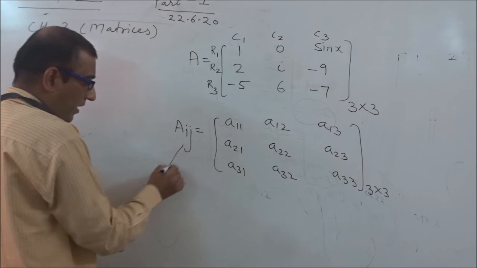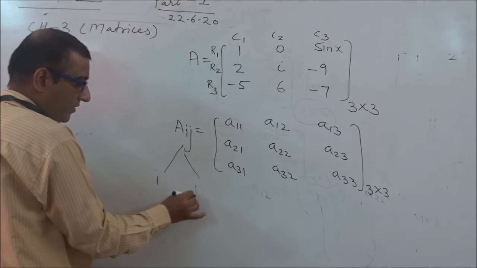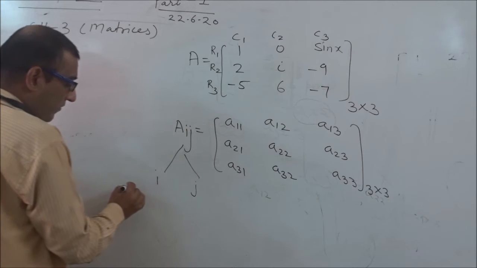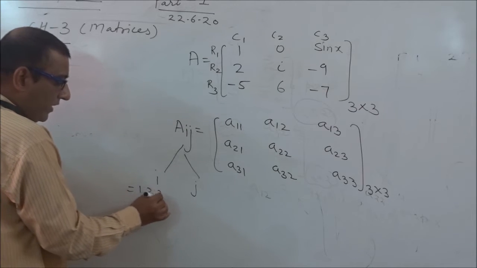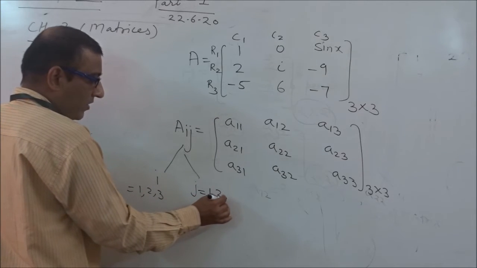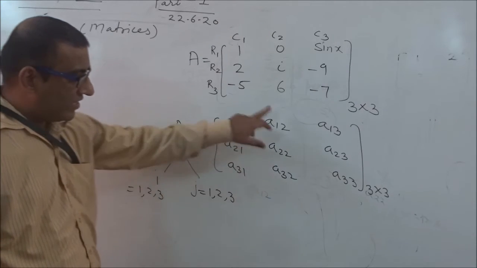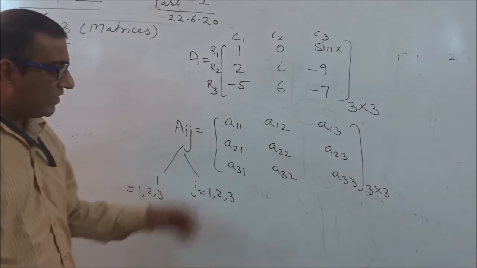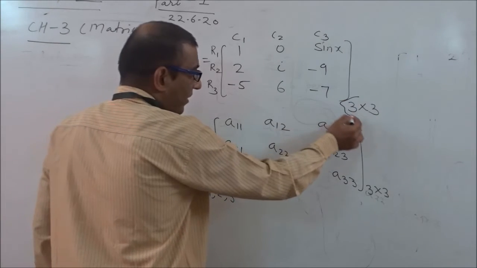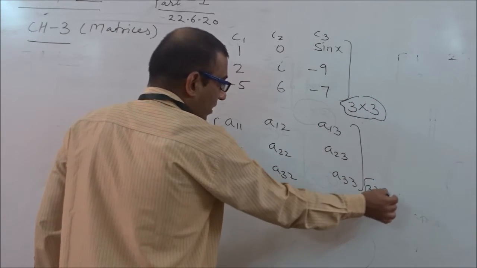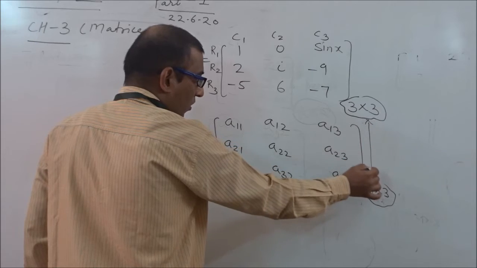If you notice here, what is I and J? I is related with 1, 2 and 3 and J is also related with 1, 2, 3. So 9 entries are there, and when you compare you will easily say it is 3 into 3 and this matrix is also 3 into 3. So comparison is possible because the order of both matrices is the same.